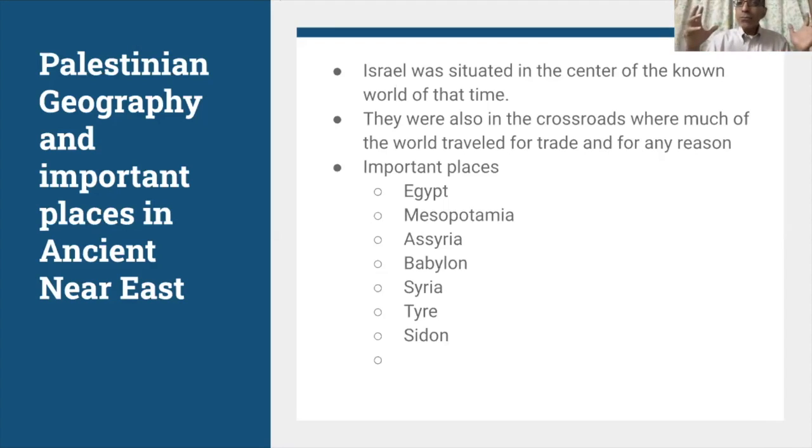So when they came to Israel, they would notice something different about Israel: such shrines would not be there within Israel.